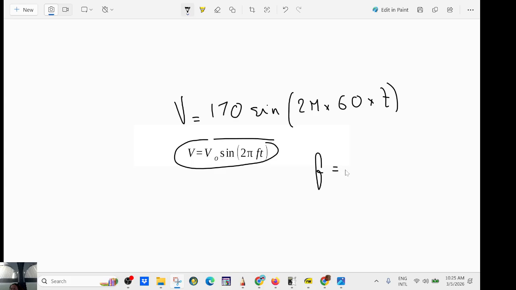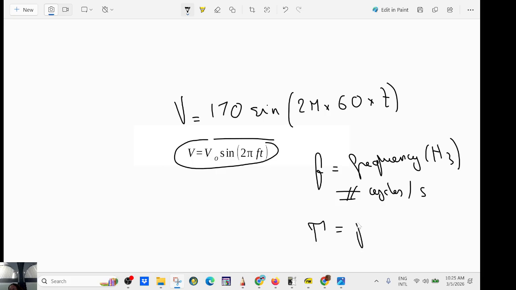f is the frequency, unit is hertz, and it means the number of cycles per second. T is called the period. The unit is in seconds, and it's the reciprocal, number of seconds per cycle.